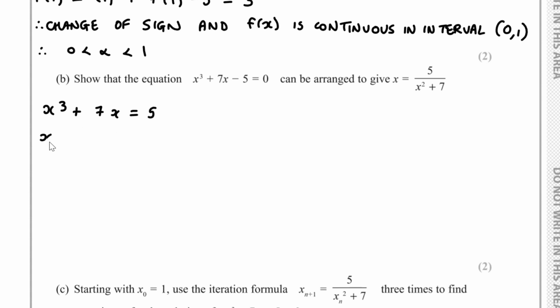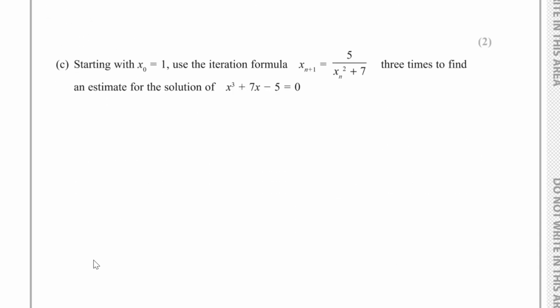If we now factorize, we've got x lots of x squared plus 7 equals 5. And if I divide through by x squared plus 7, we can therefore conclude x is equal to 5 over x squared plus 7. And that's what we wanted to show.